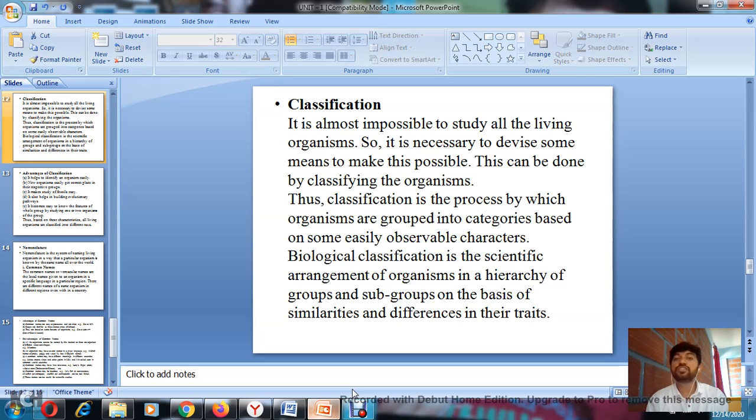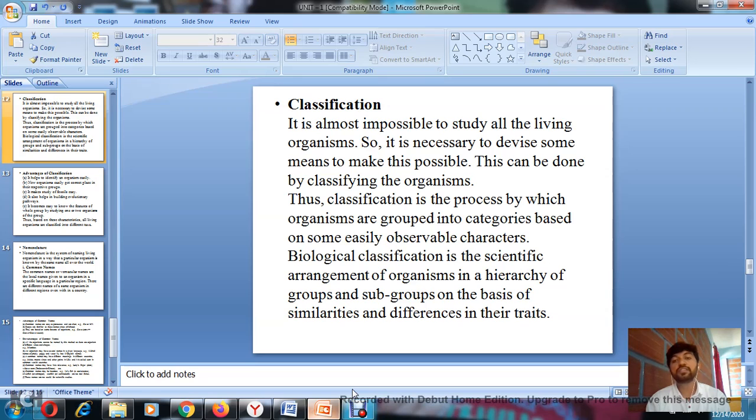Thus, classification is the process by which organisms are grouped into categories based on some easily observable characters. This is the process we follow in classification.